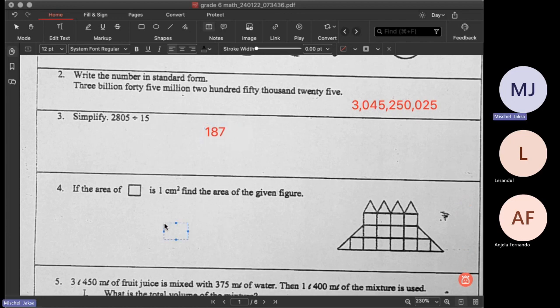Next one. The area of one square is given by 1 cm2, or else 1 square centimeter. Find the area of the given figure. Now let's count how many squares we have. We have 1, 2, 3, 4, 5, 6, and 7 in the last line.